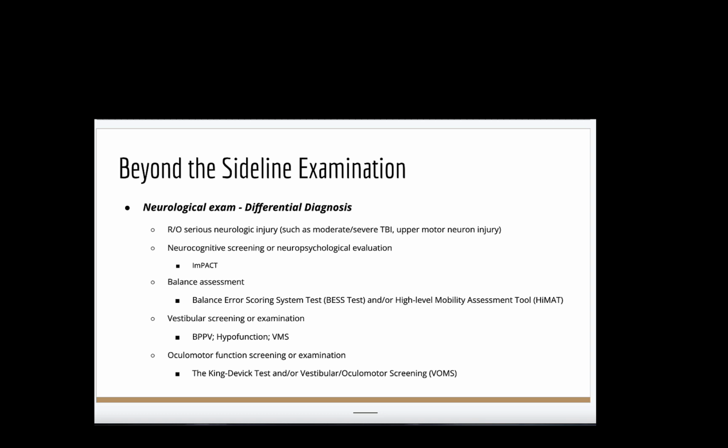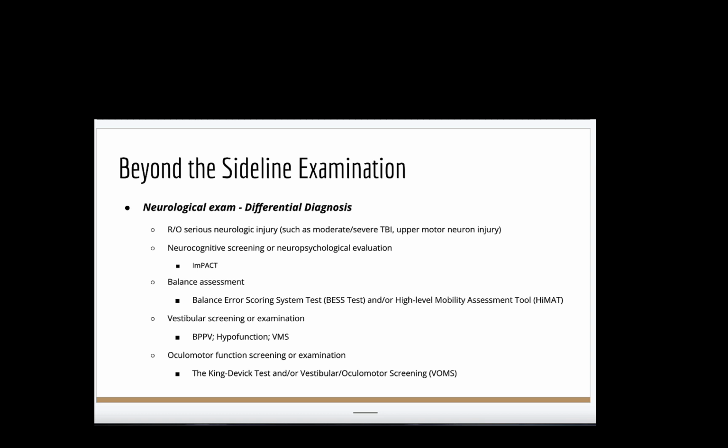Okay. As far as balance assessment goes, there's two really common balance assessment tools in the research for post-concussion. One's called the BEST test, and the other is the HiMAT, which you've actually already administered before. Vestibular screening is also really commonly recommended because they bump their head, and obviously that could lead to higher incidence of BPPV for this particular population.